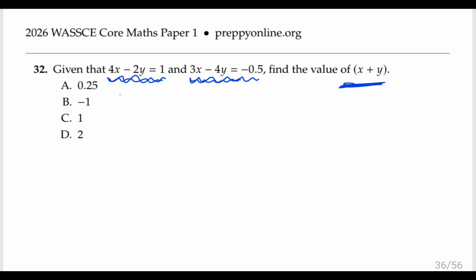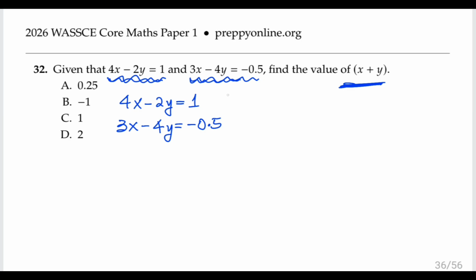Let's see, what method do we want to use to solve these two equations? We have 3x minus 4y equals minus 0.5. We can try to eliminate y.